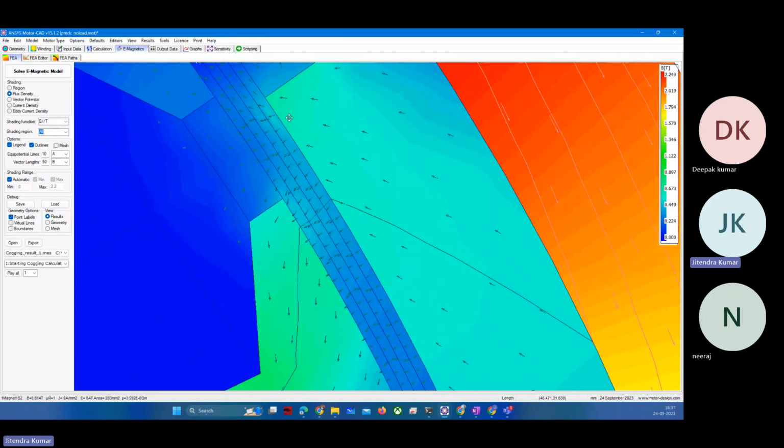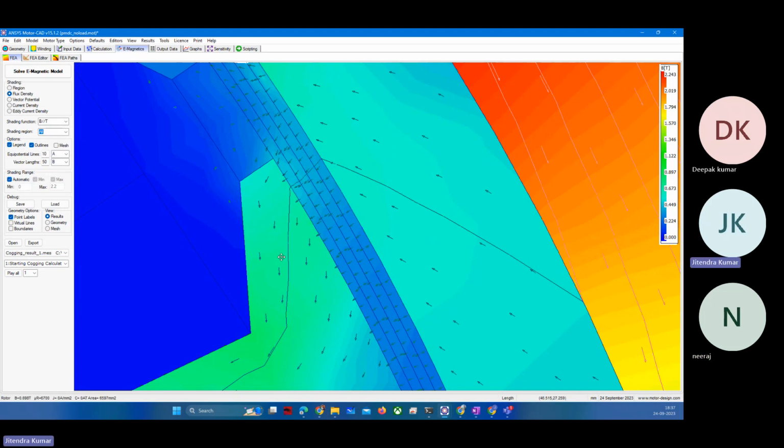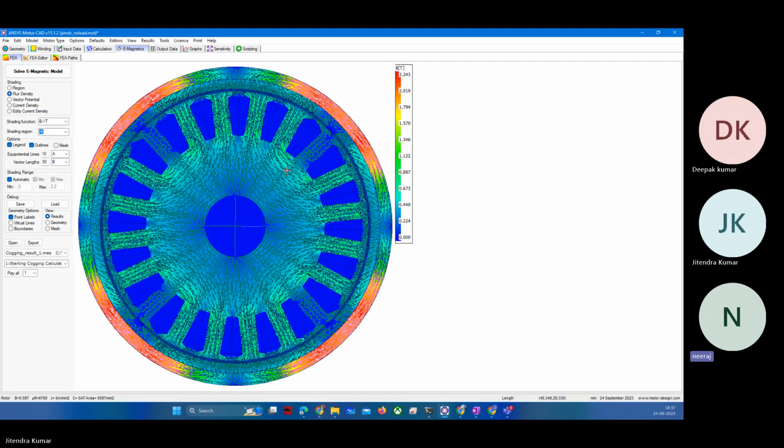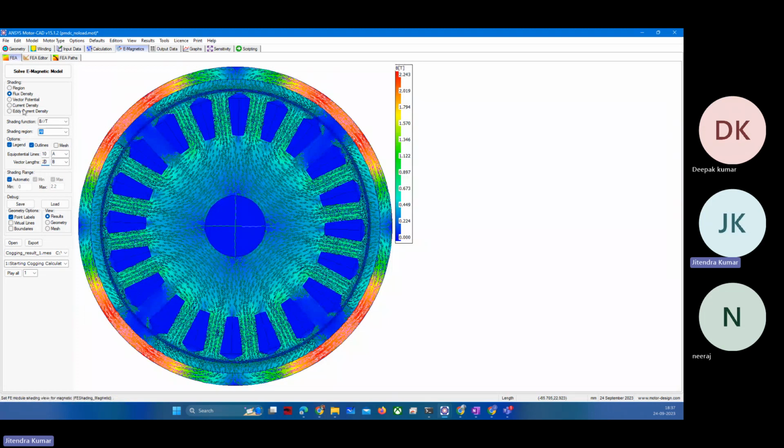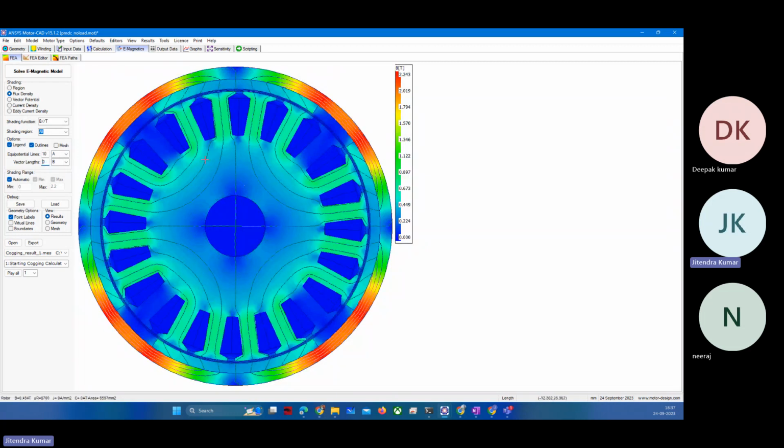We are mostly concerned that whatever flux comes from the permanent magnet should cross the air gap and link to the armature or rotor core, and whatever leakage there is, is not desirable. And if you do not want to see the direction, this is the way your flux path will look.